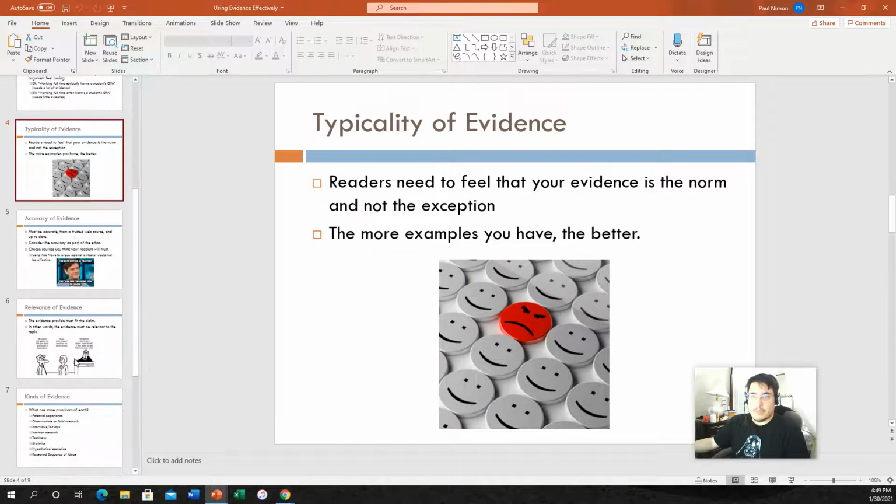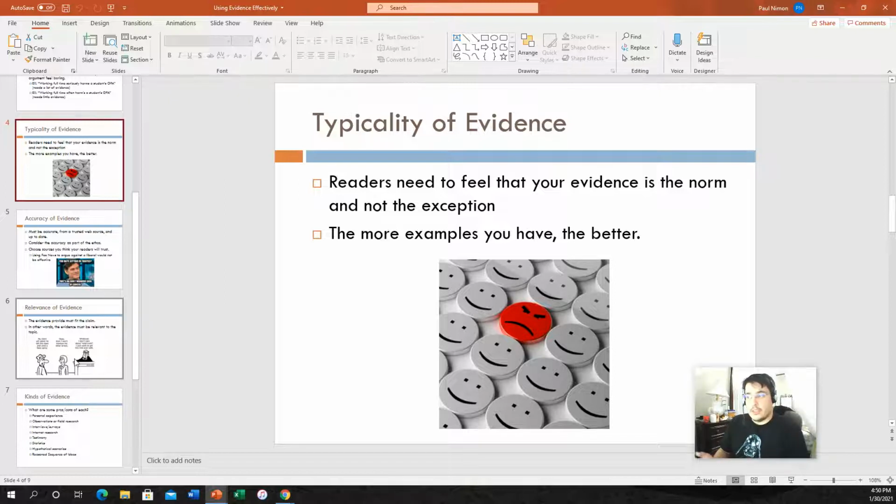The next thing to keep in mind is the typicality of the evidence. In other words, is the evidence I'm using the exception or is it the norm? Let's look at anti-vaxxers, for example. On the one hand, you have thousands of articles that declare vaccines to be safe.